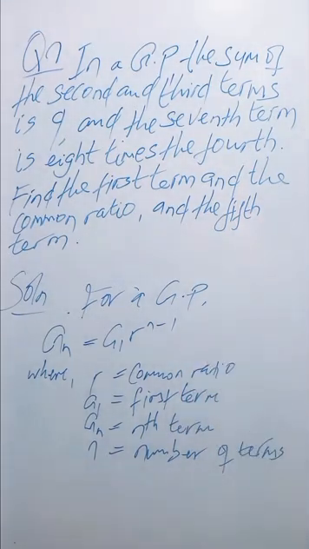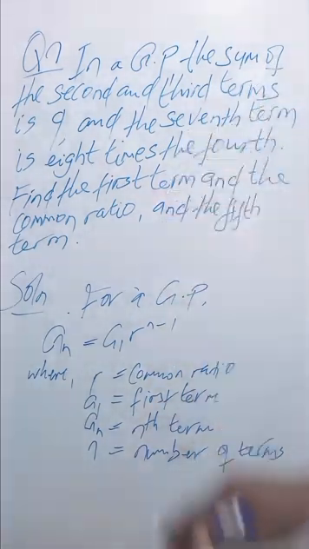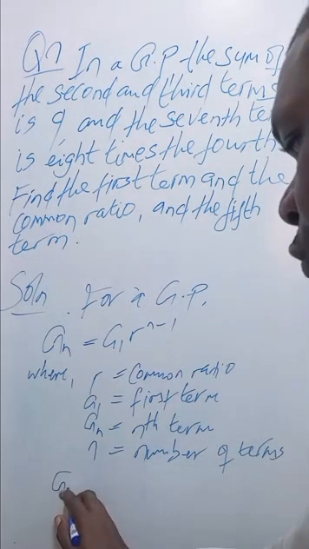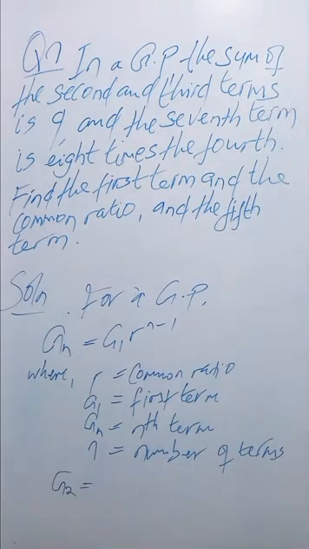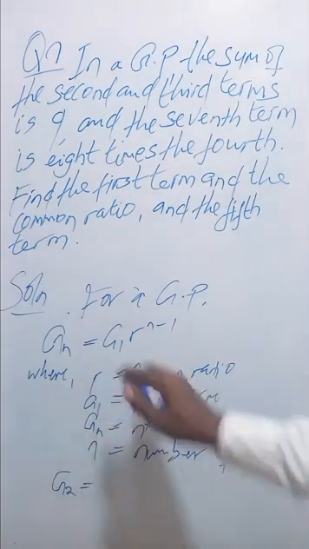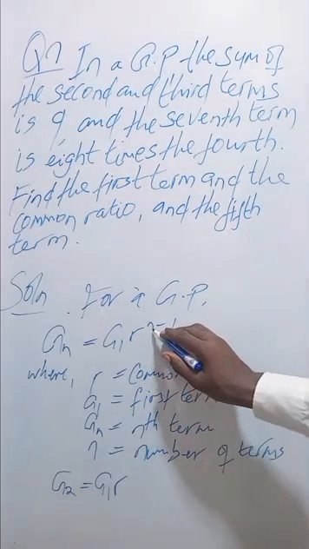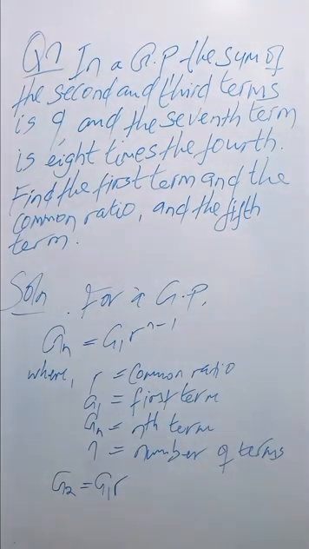So this is about this formula. So in this equation, we have this information. The second term has been mentioned. That is G2. G2 is given by, according to this formula, G1 R, put here 2 minus 1, so it's R power 1.